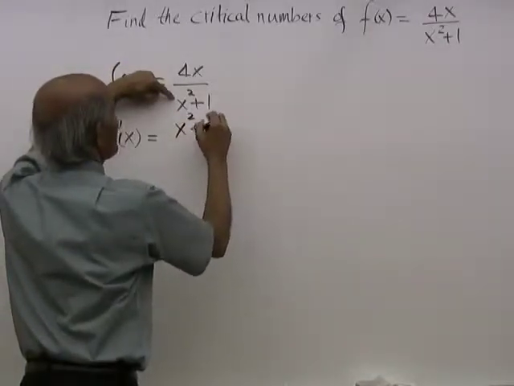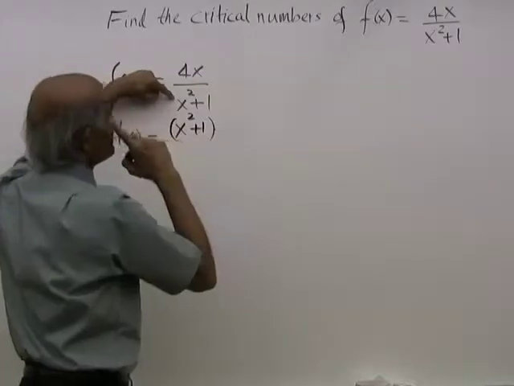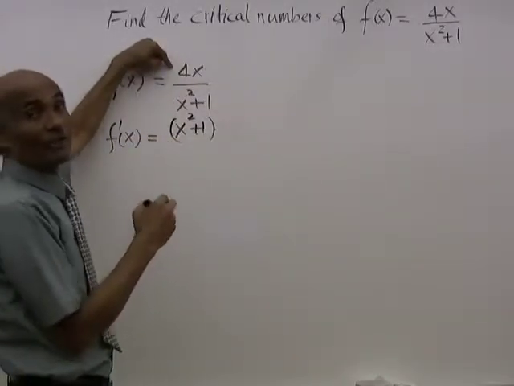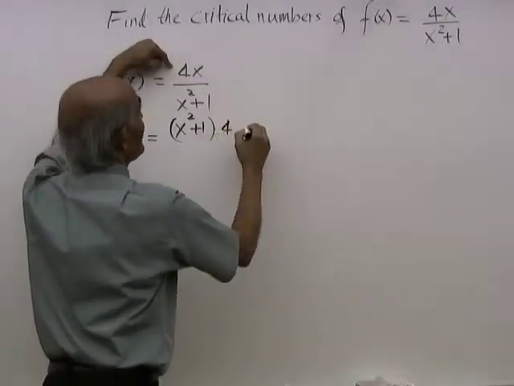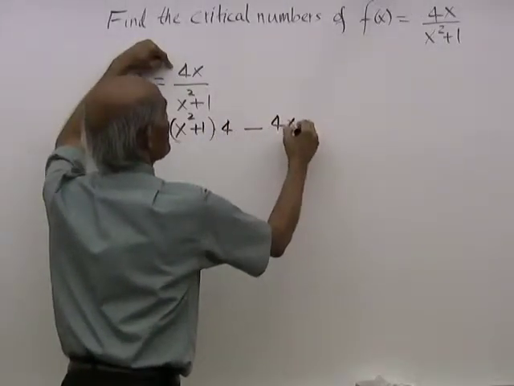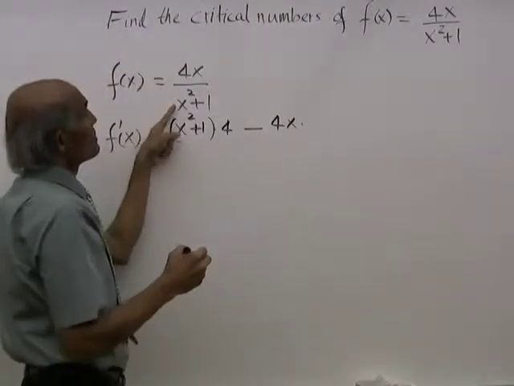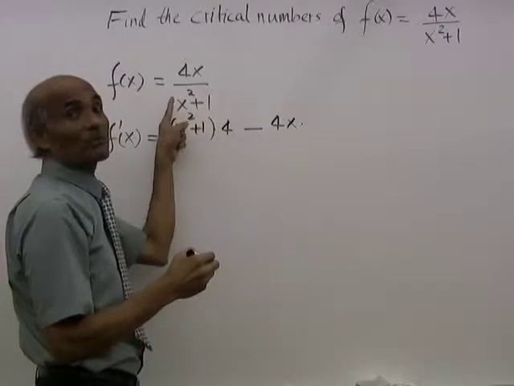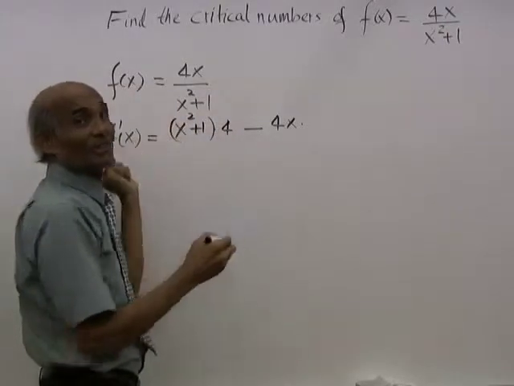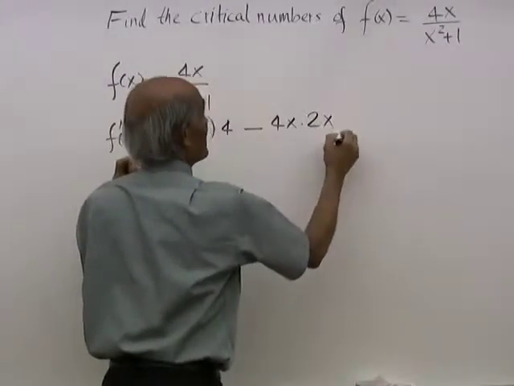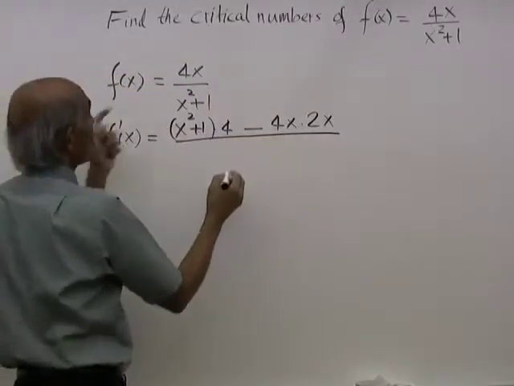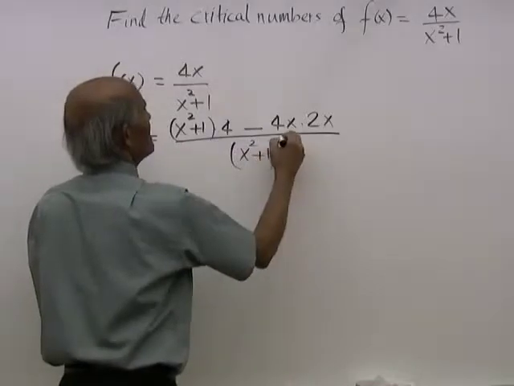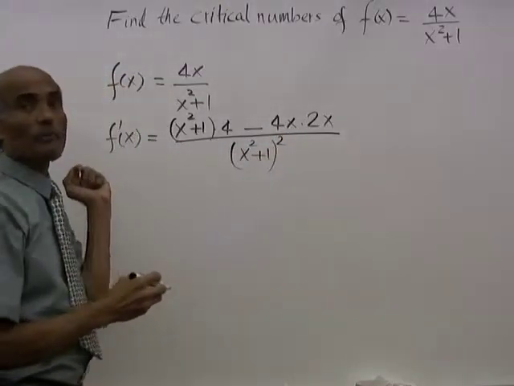Denominator x squared plus 1 times the derivative of the numerator. Derivative of 4x with respect to x is 4, minus numerator times the derivative of the denominator. What is the derivative of x squared plus 1 with respect to x? It is 2x. All over square of the denominator, x squared plus 1 raised to the power of 2.